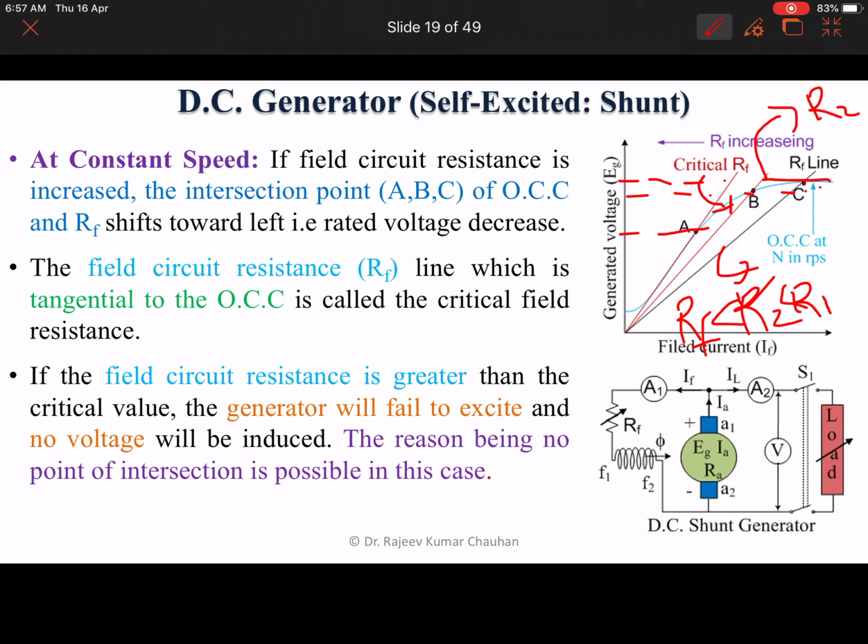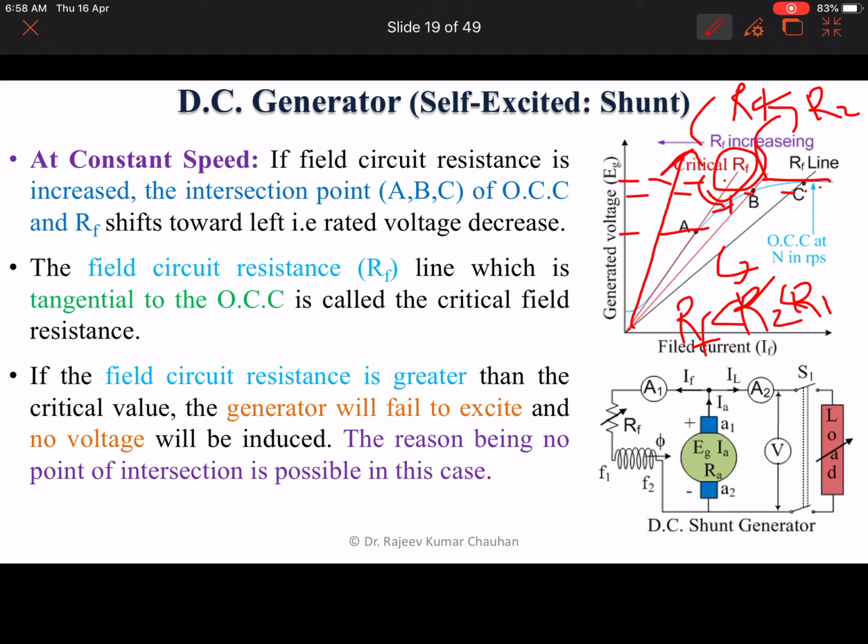Further, if we increase the resistance like this, say this is R4, the field resistance RF line which is tangential to the open circuit characteristics is called the critical field resistance. This one is called the critical field resistance line, critical RF line.